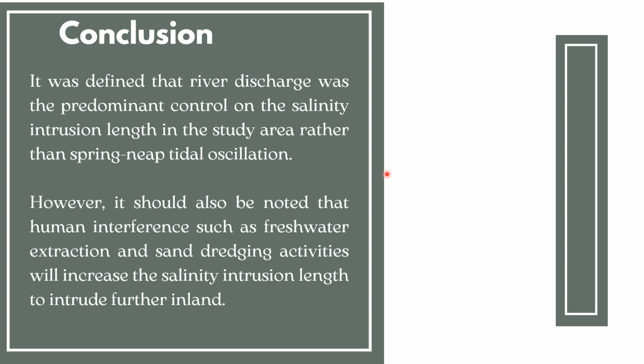So this study recommends further investigations of these two activities, and perhaps they need to be put under some control so that it can avoid critical salt intrusions into the Terengganu River.